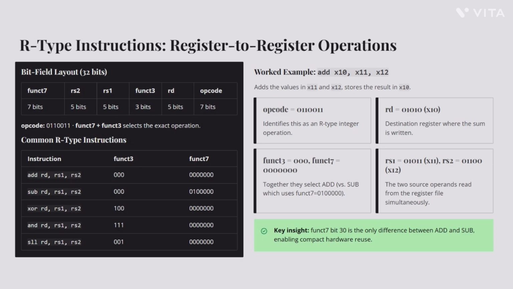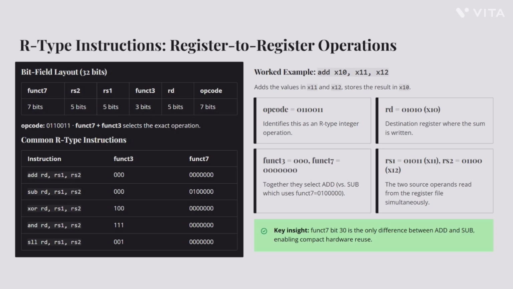Func7 and func3 determine which operation is done, addition, subtraction or XOR. So basically the opcode says what type of instruction it is, RS1, RS2 and RD are the 3 registers, and func7 and func3 say what operation is exactly done.